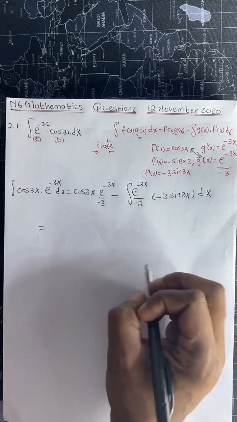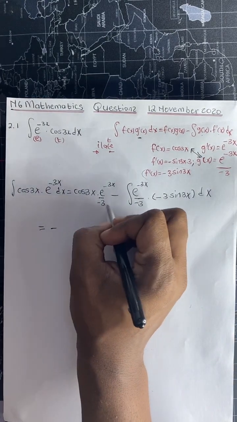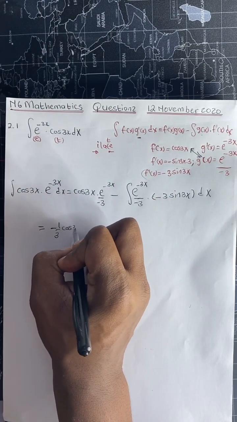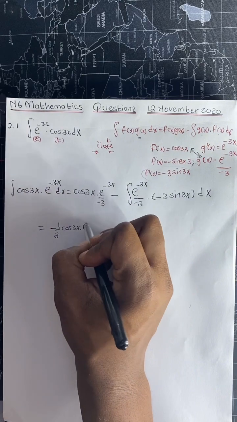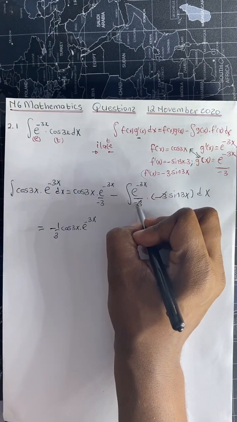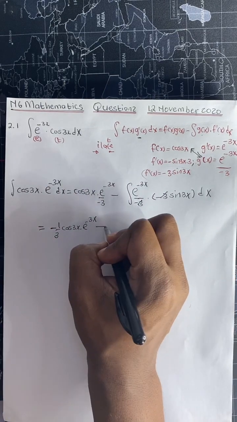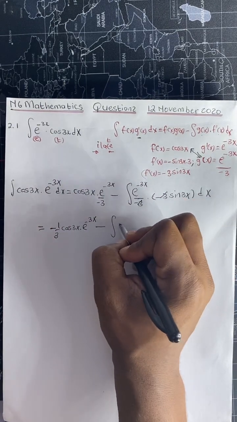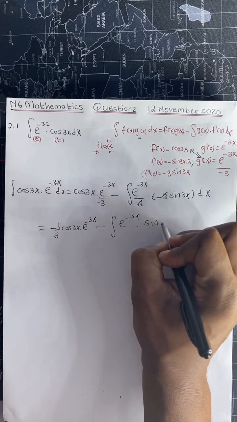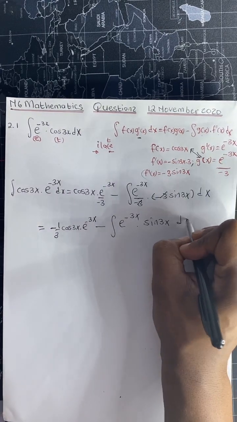This will be equal to negative 1 over 3 cos 3x e to the power negative 3x, and that negative 3 and that negative 3 will cancel out each other, and we'll be left with the integral of e to the power negative 3x multiplied by sine 3x dx.